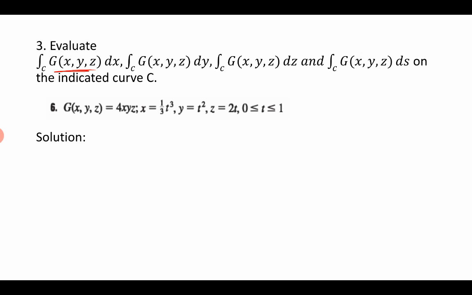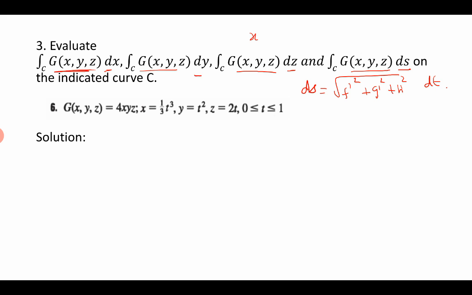For three variables, g of x, y, z, the three variable case. Let's try this one. It is a big one. There are 4 integrals to be done: one with respect to x, with respect to y, with respect to z, and then ds. ds is the square root of x dash square, that is, f dash square plus g dash square plus h dash square, dt.